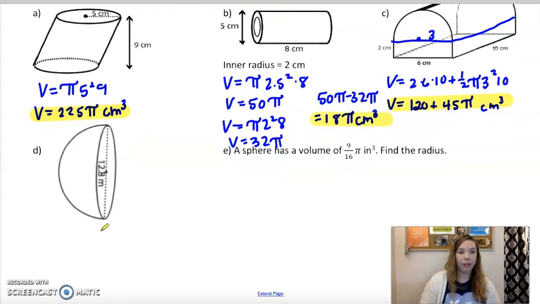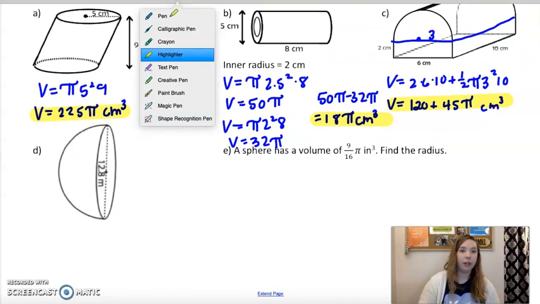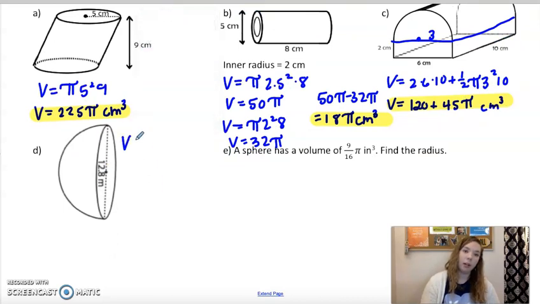All right, for letter D here, I have half of a sphere. So if my volume formula is 4/3 pi r cubed, I'm going to do 1/2 times 4/3 pi r cubed. So I know that my radius, if the diameter is 12.8, my radius is 6.4.